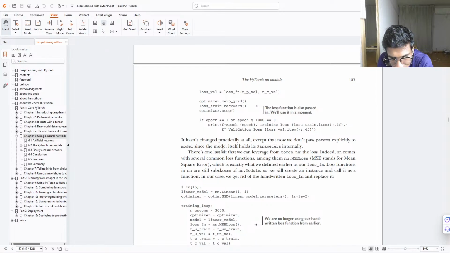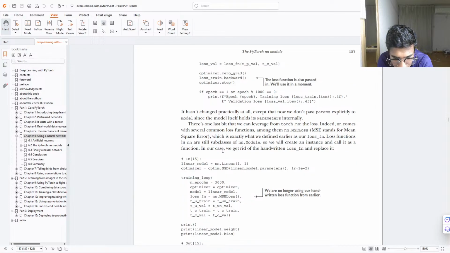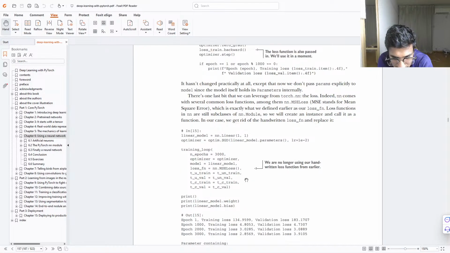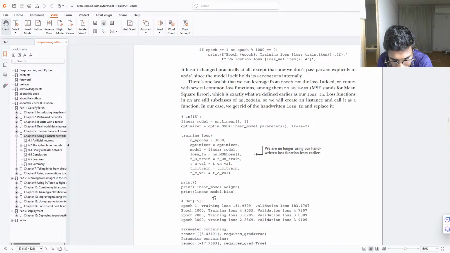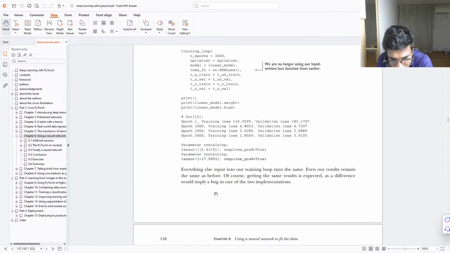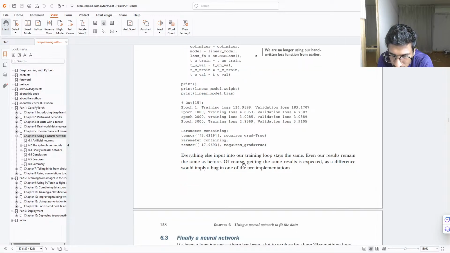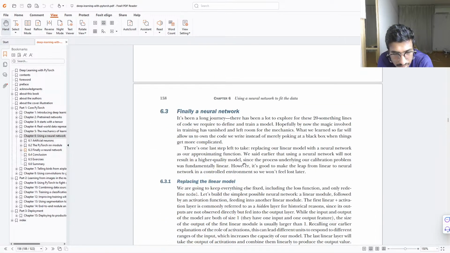In our case, we get rid of the handwritten loss function and replace it with nn.MSELoss. Everything else going into our training loop stays the same. Even our result remains the same as before. Of course, getting the same result is expected, as a difference would imply a bug in one of the two elements. Finally, our neural network.